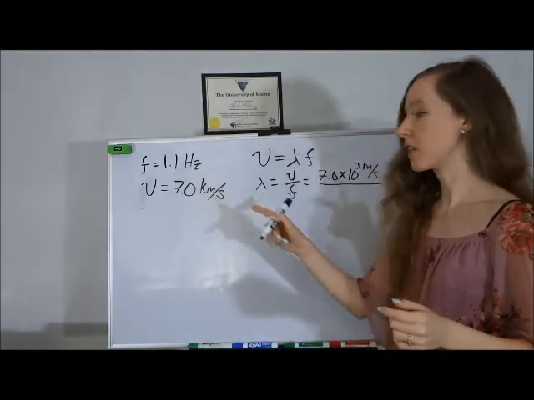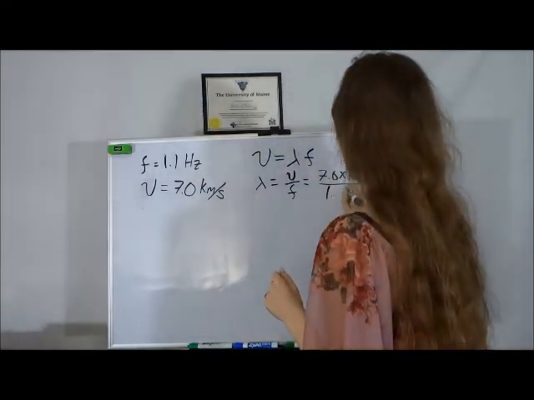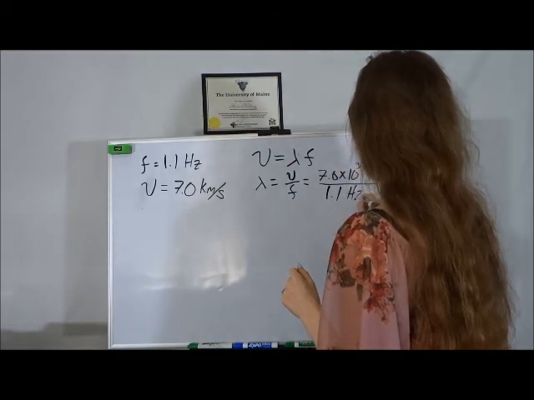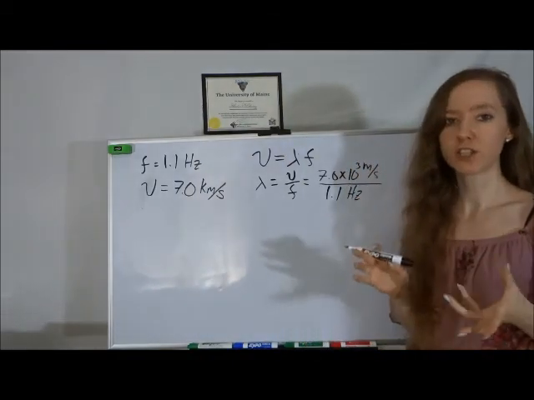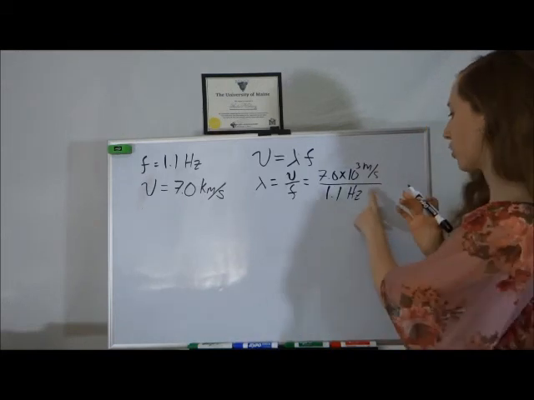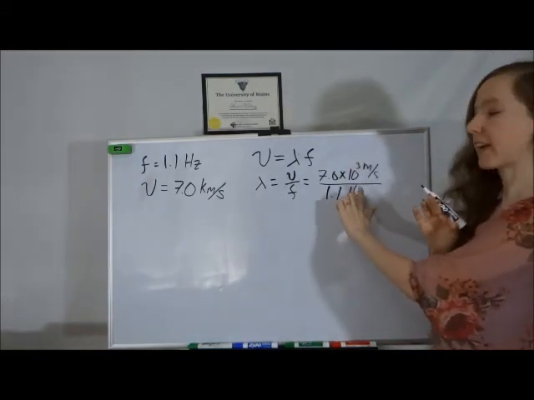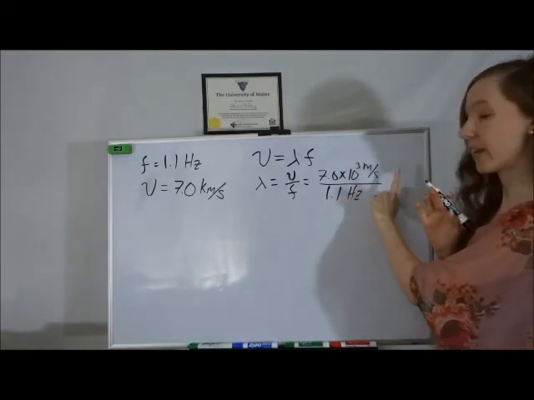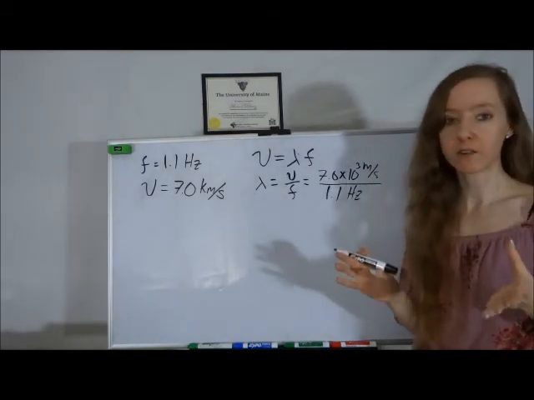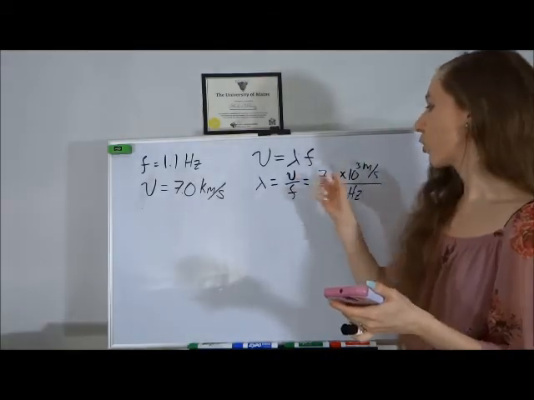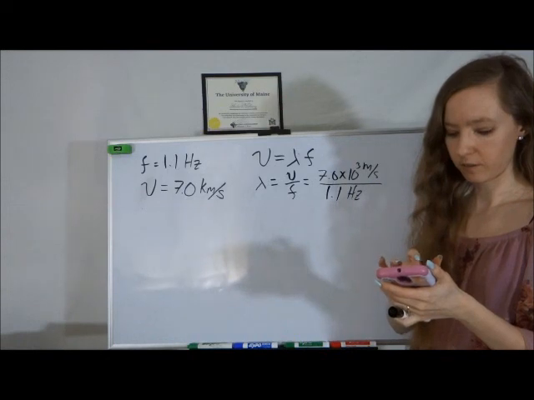And then our frequency is 1.1 hertz. And remember that a hertz is just an inverse second. So this is the same thing as 1 over a second. So the 1 over seconds are going to end up canceling each other out, and we're going to be left with units of meters. So let's go ahead and plug this into our calculator.